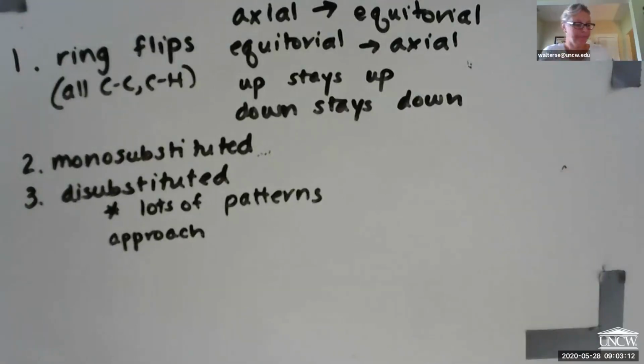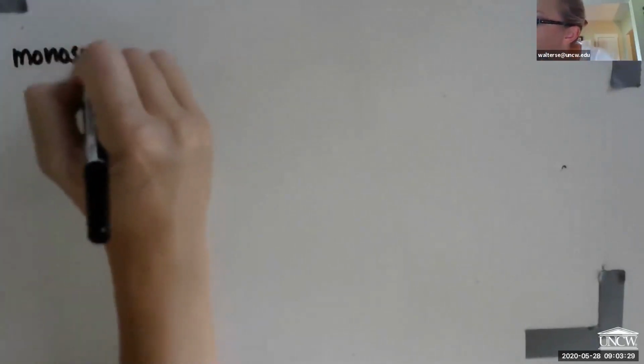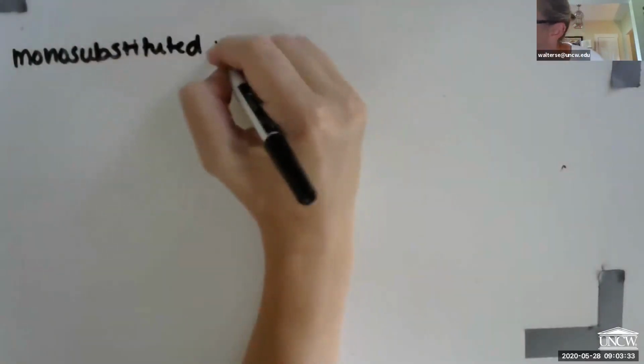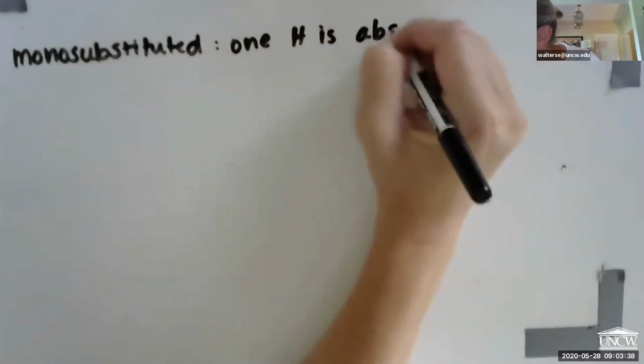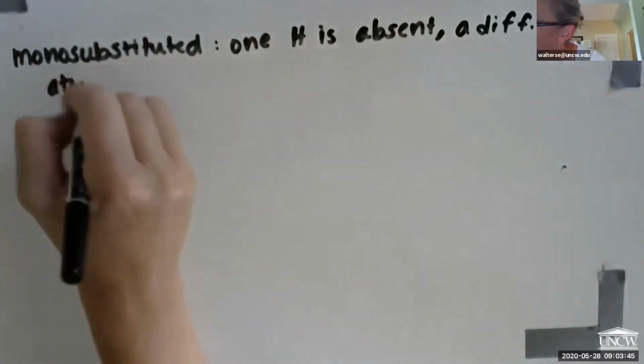Okay, so different color on here. Okay, so when we have a monosubstituted ring, that just means that one of the hydrogens is absent and there's a different atom in its place.